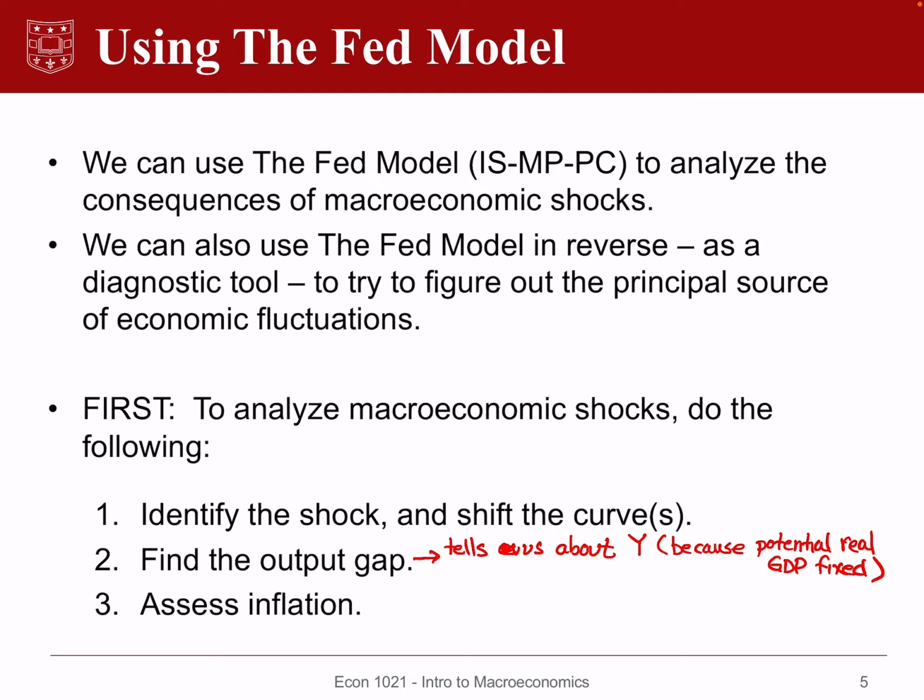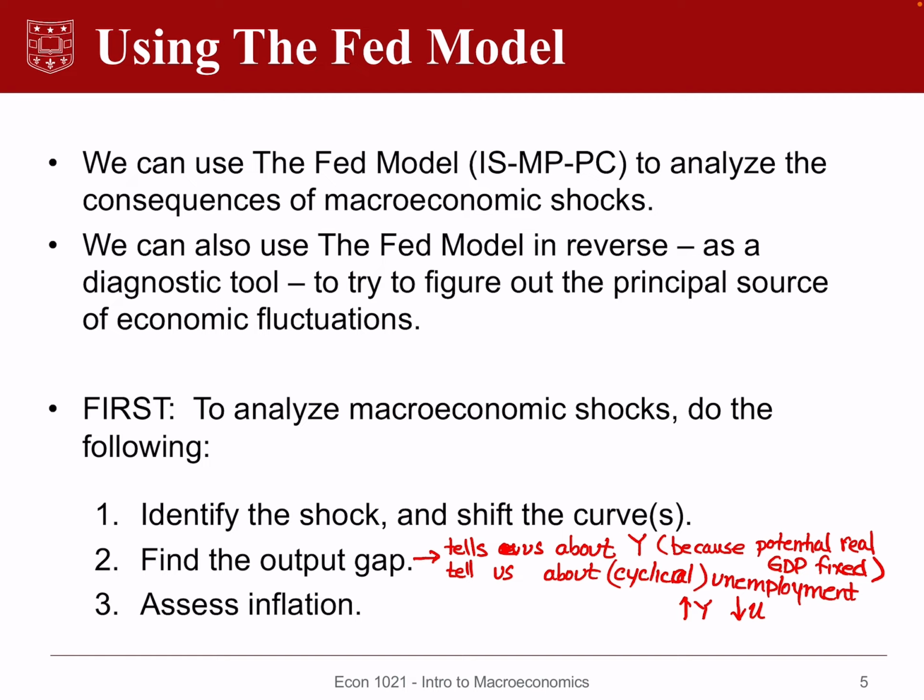This is also going to tell us about cyclical unemployment and unemployment more generally, because we presume that when there is an increase in gross domestic product, that leads to a decline in the actual level of unemployment.